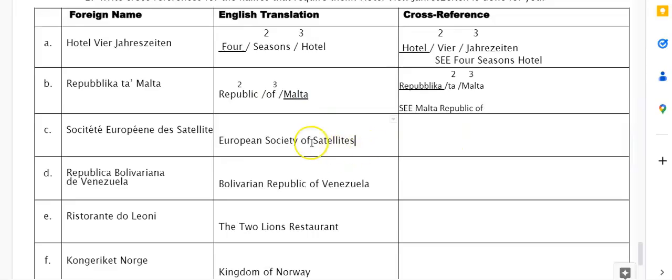For letter C, we have the European Society of Satellites. In this case, it's not a foreign country name, it's a business name. And because of that, European is our key unit, Society is unit 2, of is unit 3, and satellites is unit 4.